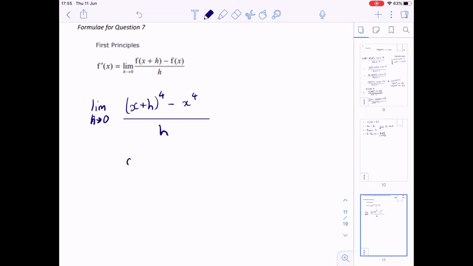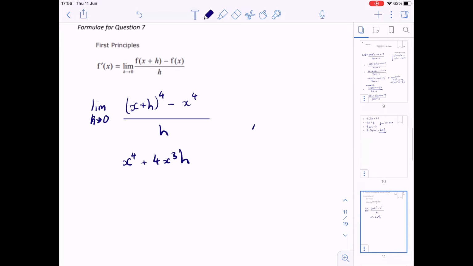So if I use the binomial expansion, this is going to be x to the 4 plus 4x cubed h on its own. And then I would have to use my calculator to do 4 choose 2 or something like that. And that gives me a value of 6. So this would be 6x squared h squared.